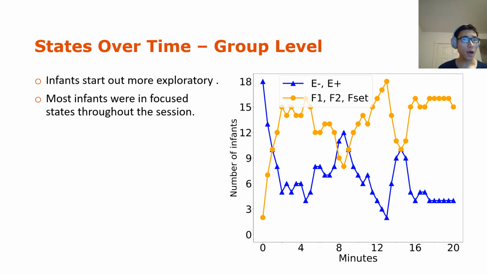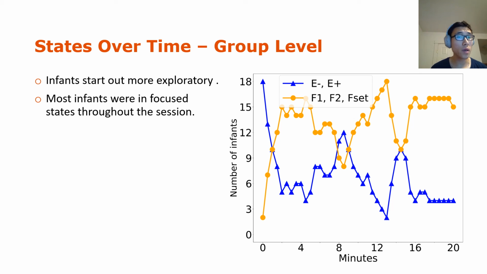We now consider how the inferred states are distributed over a play session. For each infant, we consider the most likely state for each of the 2-minute intervals. This figure shows how the number of infants in the explore states, that is E plus and E minus, and the focus states, that is focus 1, focus 2, and F set, change during the play session.